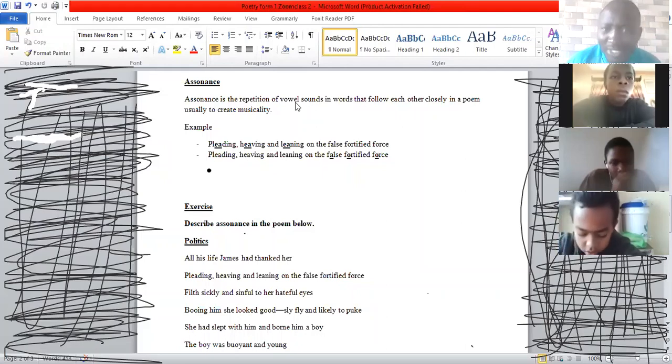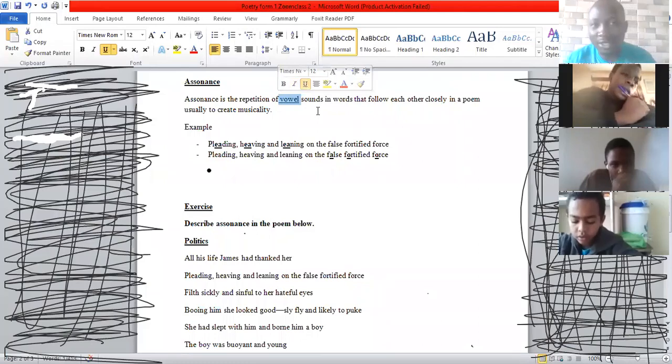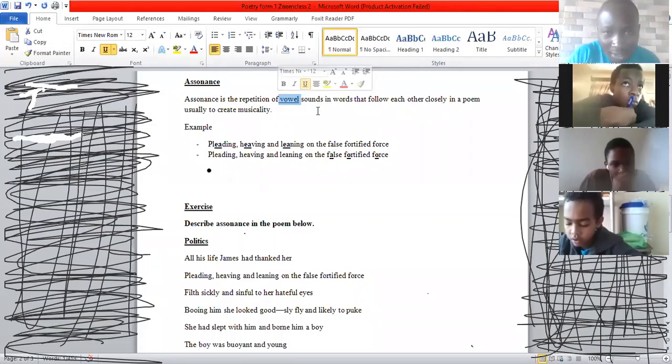Now, assonance involves vowel sounds, and just like alliteration and consonants, they should be in the same line of a poem, and to be particular, appearing close to each other. And we have examples given here.